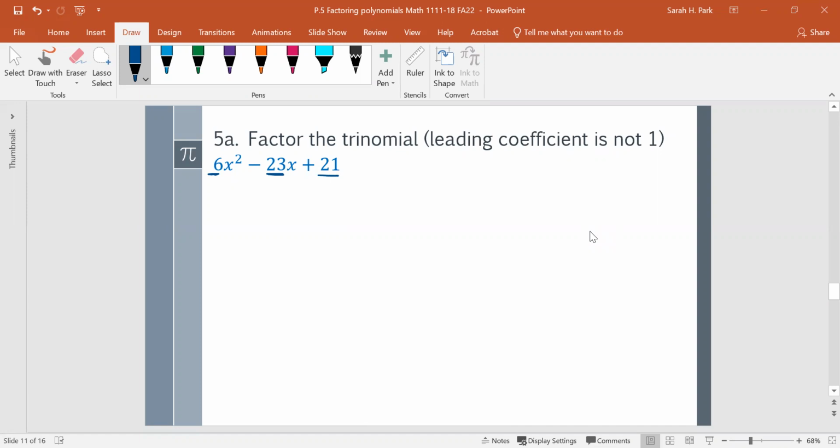So in this case, what we're going to do is multiply the 6 and the 21, first and the last terms. That's going to give us 126, I believe. Okay, and then we're going to write the middle term here, negative 23.